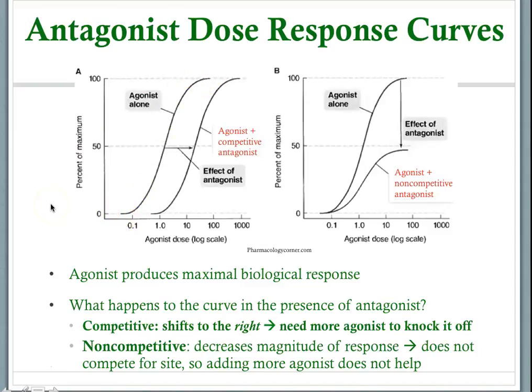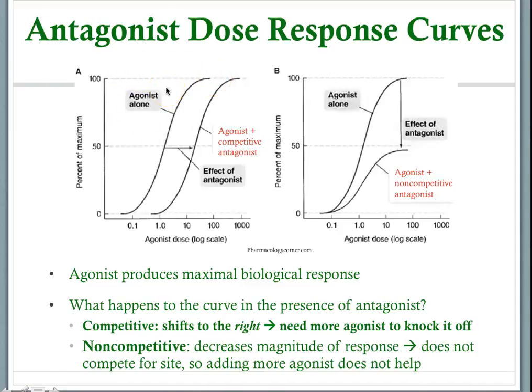drug experiment. So here we have an agonist and it's producing the maximal response. And we can see that it's producing the maximal response because we have a steady increase until it plateaus here at the end. So this is 100% maximal and it's going to reach the plateau. This is the agonist by itself.